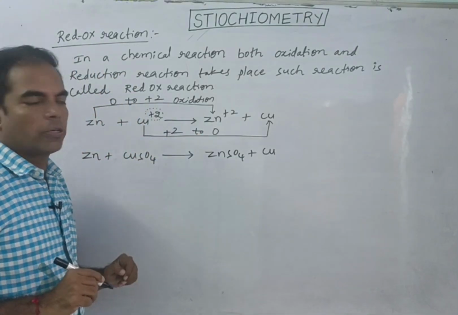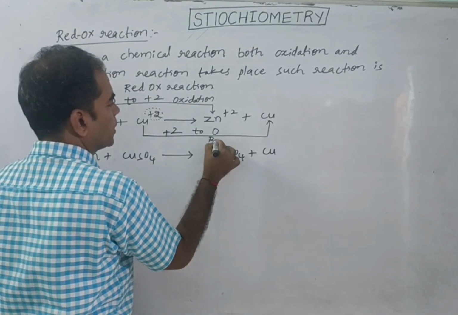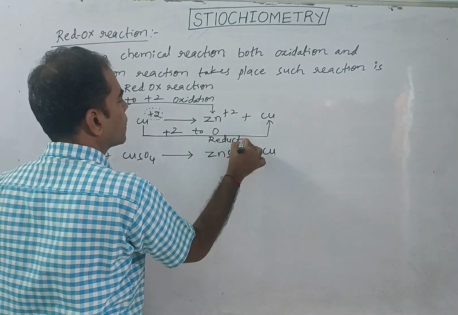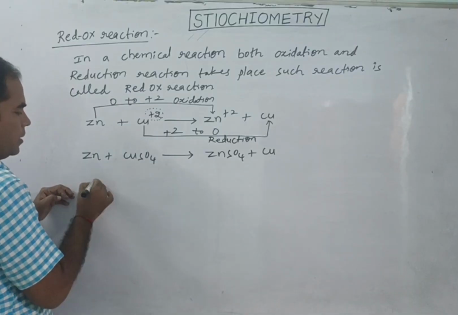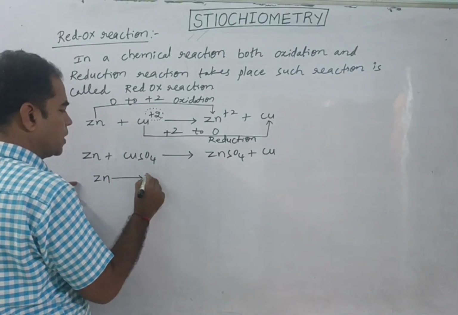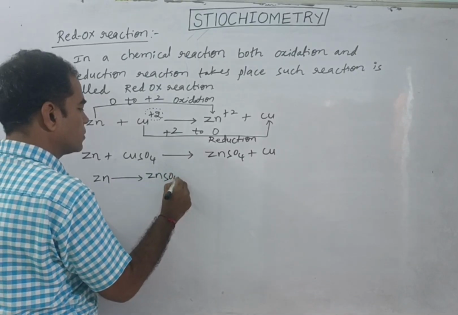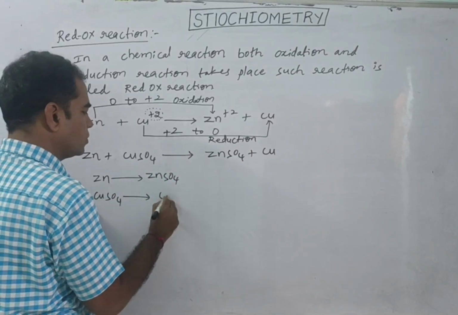Plus 2 to 0 oxidation number. That means it is a reduction reaction. Right? Here we can also represent Zn to ZnSO4 and CuSO4 to Cu.